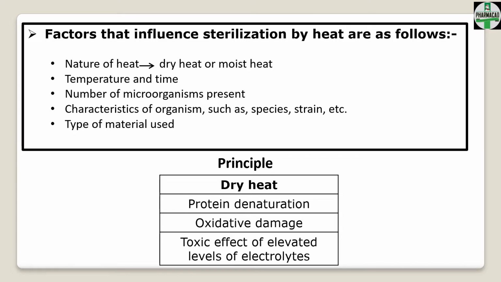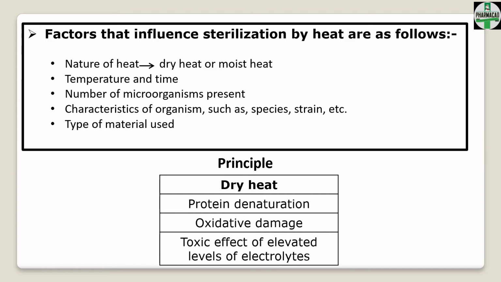Number of microorganisms present, whether there are large numbers or smaller numbers. Characteristics of organisms, such as their species, strains, whether they are spore producing, capsule producing; all these factors also determine how much heat you will require to kill that particular species or strain. And the type of material used, like glassware, plastics, rubbers, papers. Based on this, it will determine the rate of heat required to kill the microorganism.